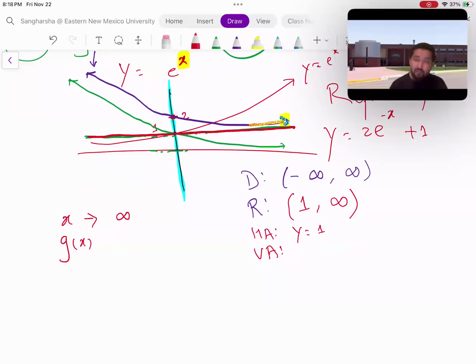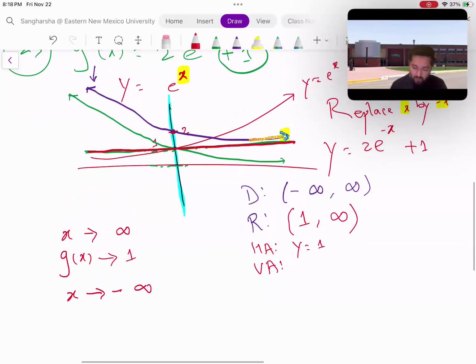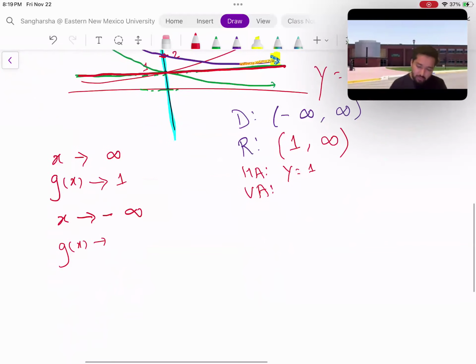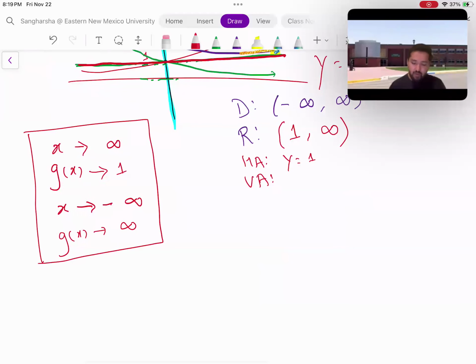Yes, g of x is very close to 1, not equal to 1, but very close to 1. Now when you extend your graph on the left, when x approaches -infinity, our y coordinate, g of x, goes all the way up, meaning it goes to +infinity. These are the end behaviors for this graph.